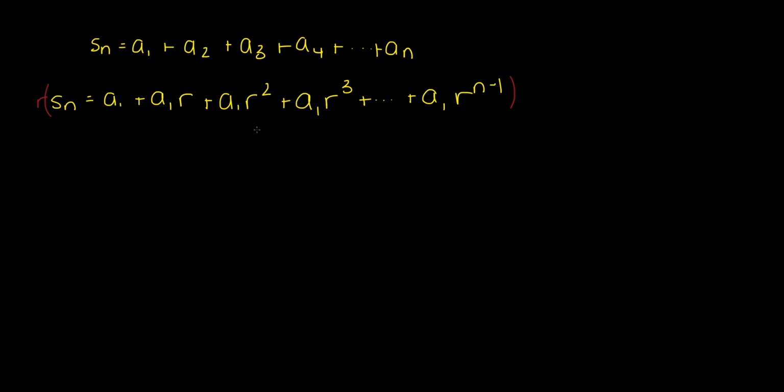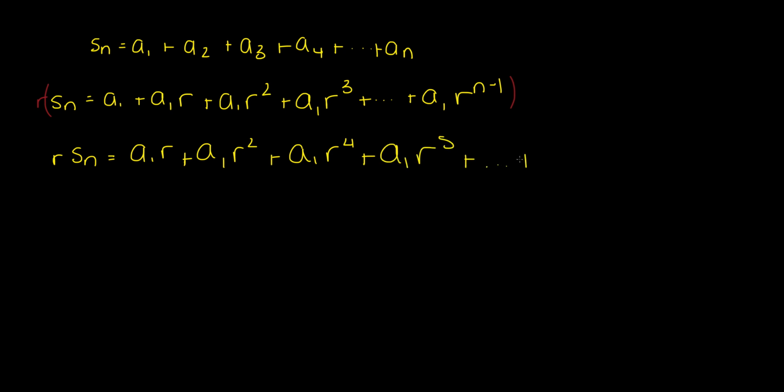This is kind of just like a proof of the equation. So I'm going to multiply R to everything. So I have R times the sum equals A1R plus A1R squared plus A1R cubed plus A1R to the fourth, and so on and so forth, up to A1R to the n.